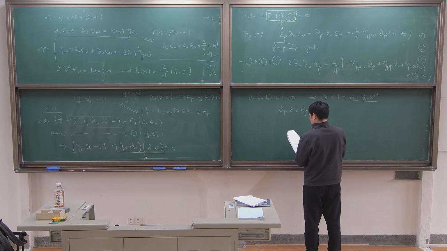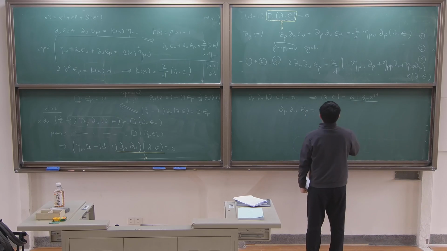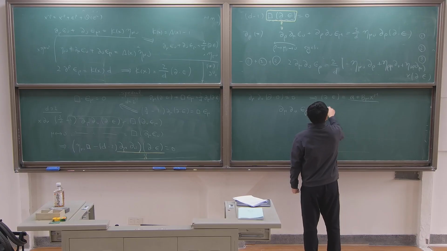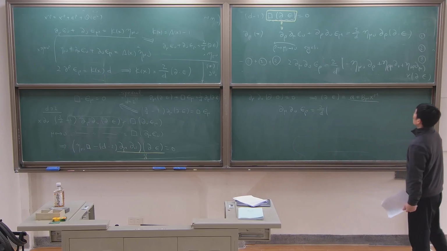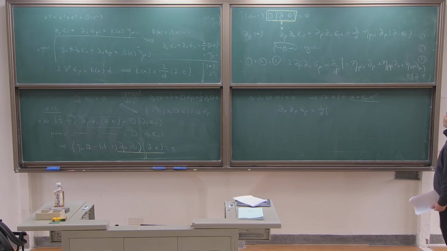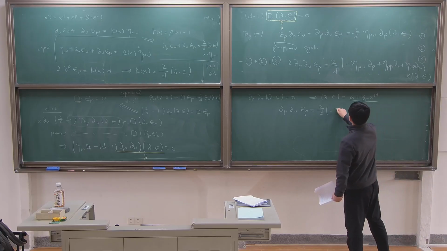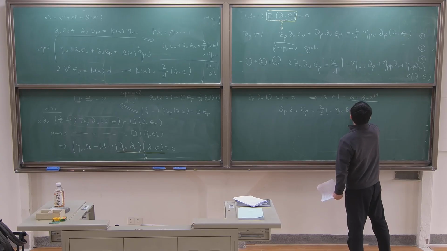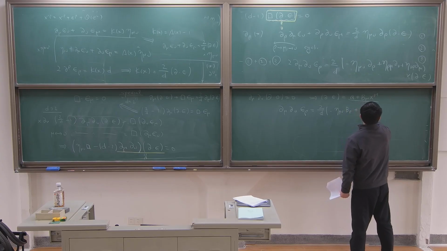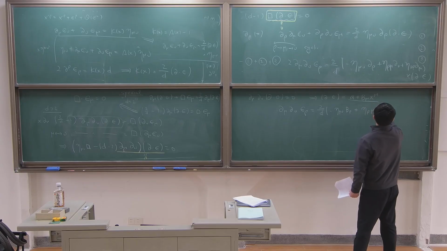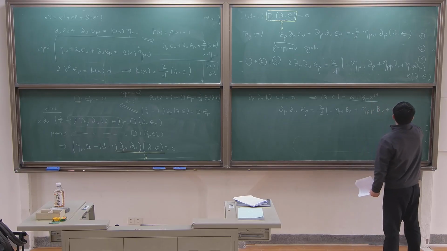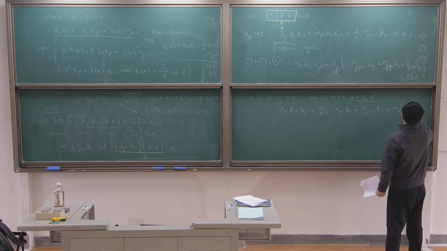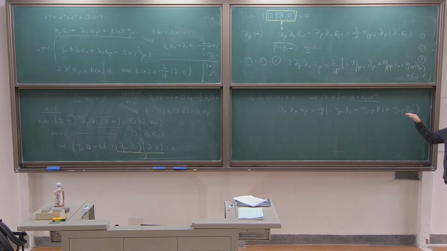It should be equal to a constant. So 2 over d, and then what you get is minus eta_{mu b} rho plus eta_{rho mu} b_nu plus eta_{nu rho} b_nu. So it's independent of x.